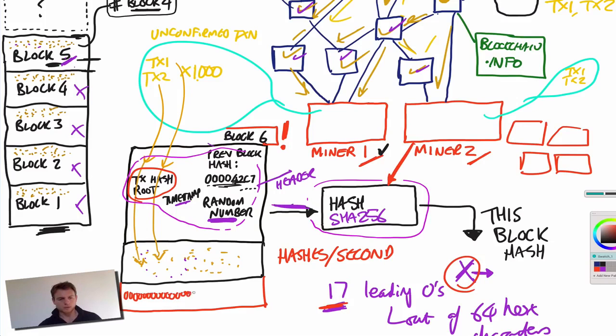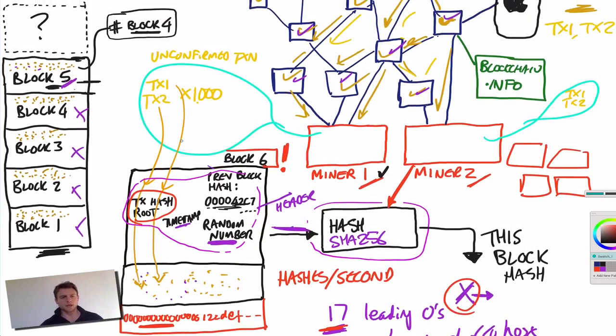But yeah, 17 zeros, and then a bunch of other letters and numbers, and they'll say, guys, I found a valid hash that solves this block for these transactions, and please verify. And if you agree that it's valid, then please add this block to the top of your local copy of the blockchain, right?